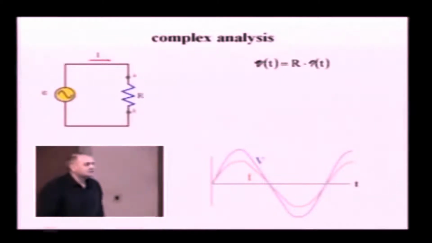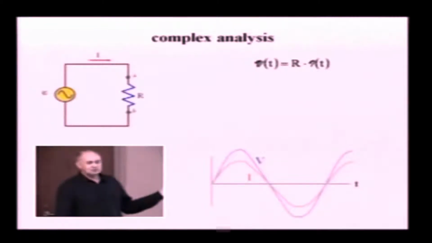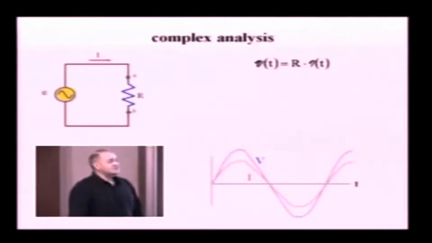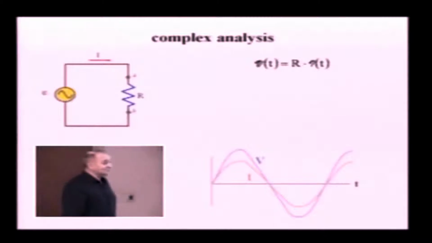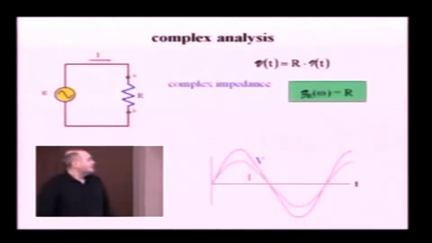Not resistance. Complex impedance. What's the conclusion? That resistance of the resistor is equal to the complex impedance of the resistor, correct. So complex impedance of the resistor is always equal to resistance.